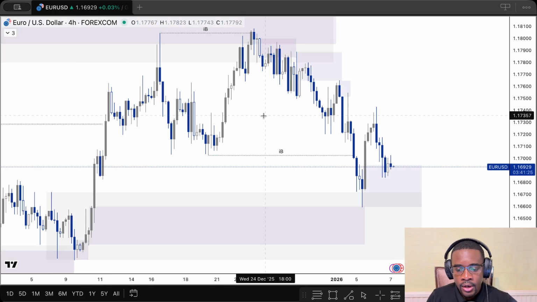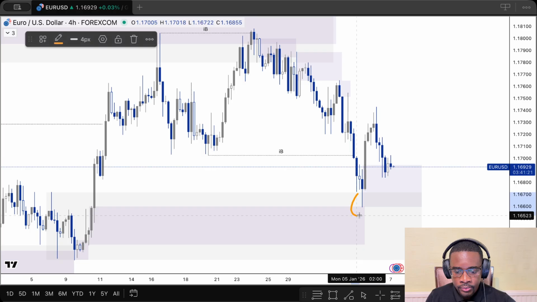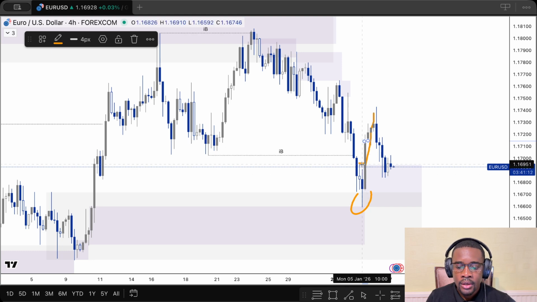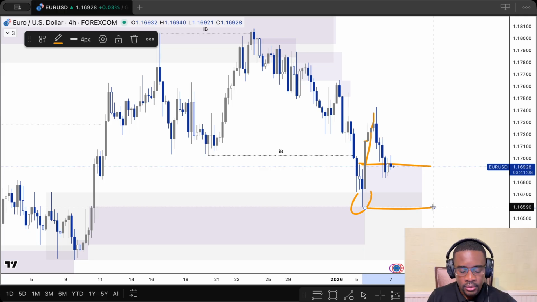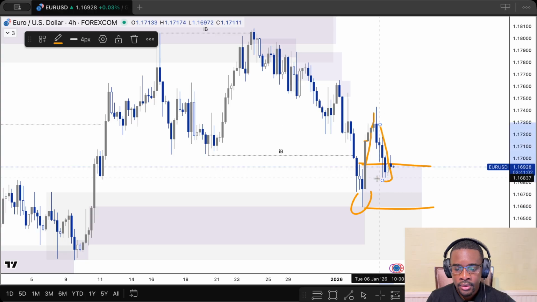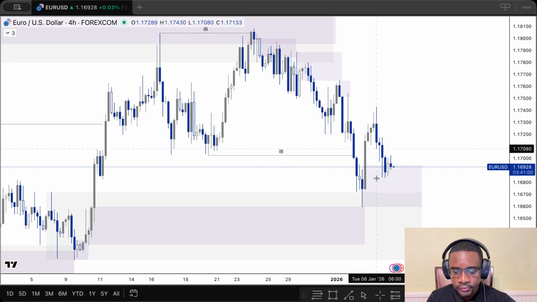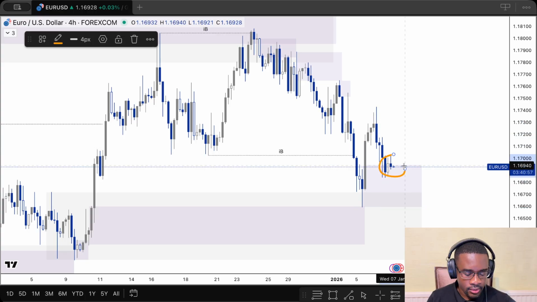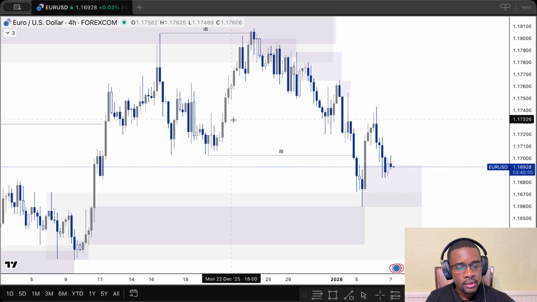Looking at the 4 hour, after mitigation we had a push up, and because we had a change of character with a candle close, a new demand area has been created. Price has then come back into that area, and right now price is hanging in that area.